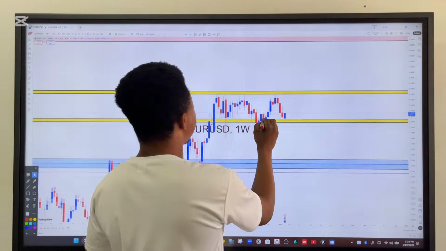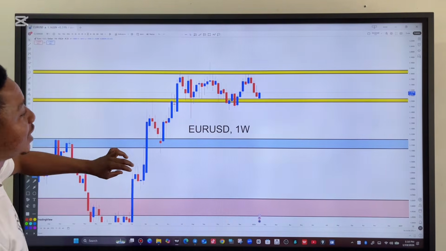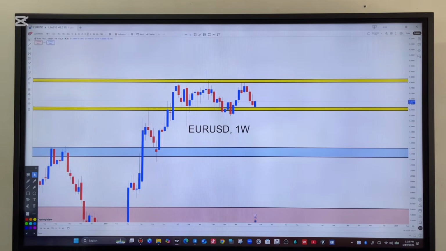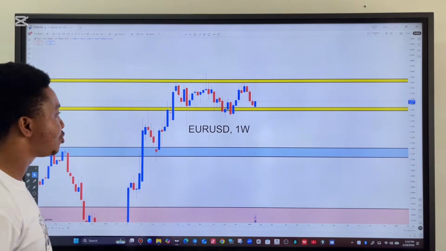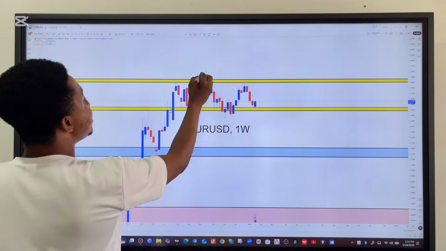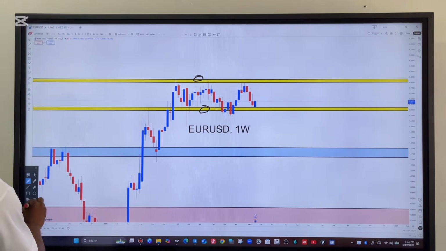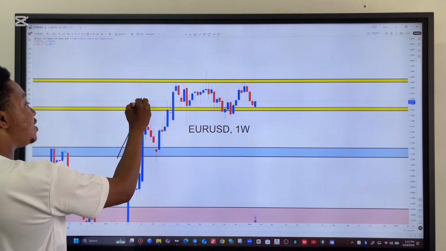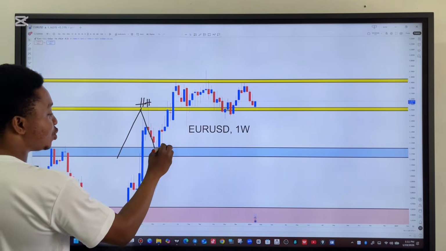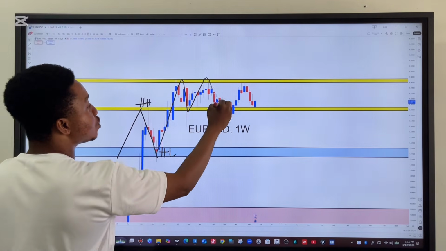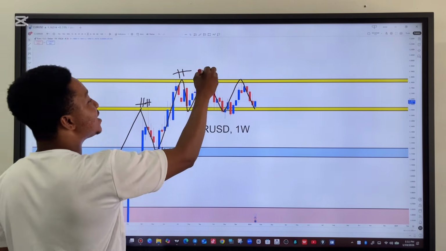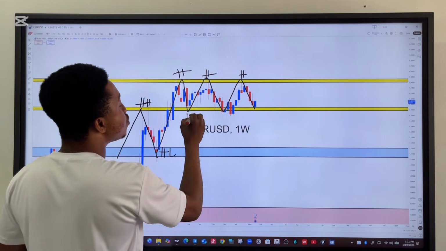This is the weekly time frame of Euro USD. And if you look at Euro USD on the weekly, price is in an uptrend. Why? We have the weekly upper and the weekly lower zone. This was a push which gave us a higher high. We have an exhaustion as higher low. This is also equal highs and then equal lows.